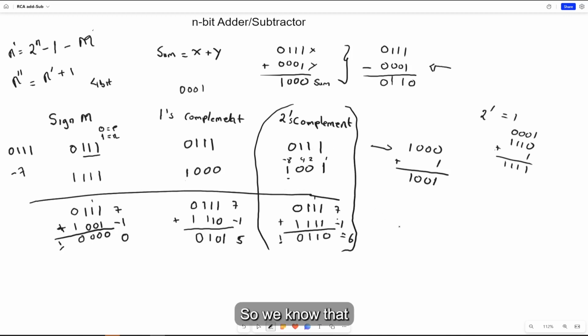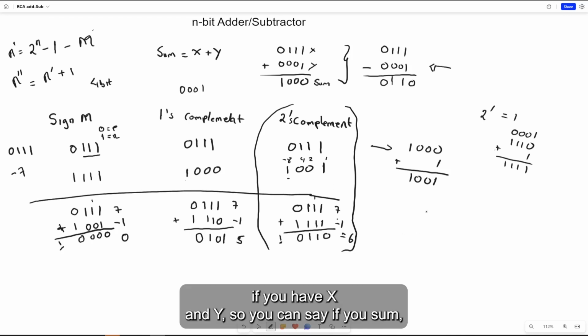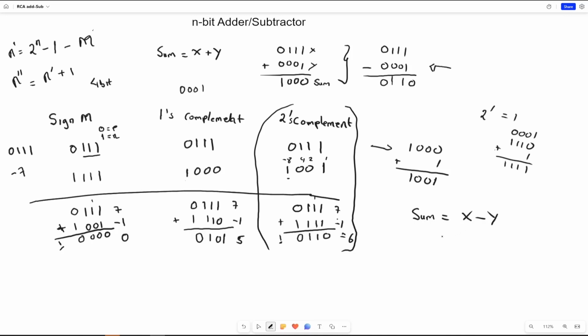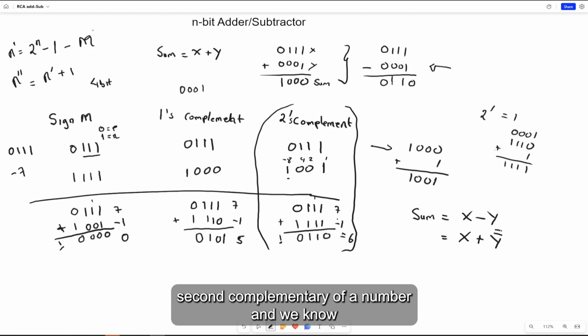So we know that in our reciprocal adder, if you have x and y and you want to do x minus y, the way you can do it is x plus the second complementary of the number.